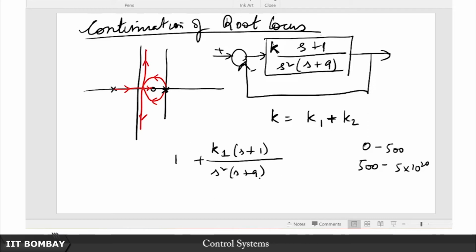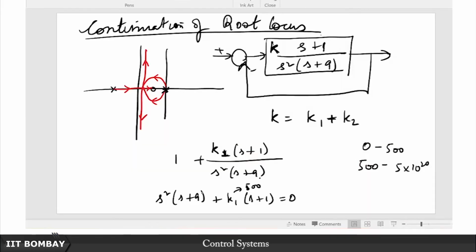In other words, your nominal equation is s squared times (s plus 9) plus K1 times (s plus 1). You put in K1 equal to 500 at its upper limit, and you consider this to be your nominal closed loop, the nominal open loop poles given by the solutions of this equation.